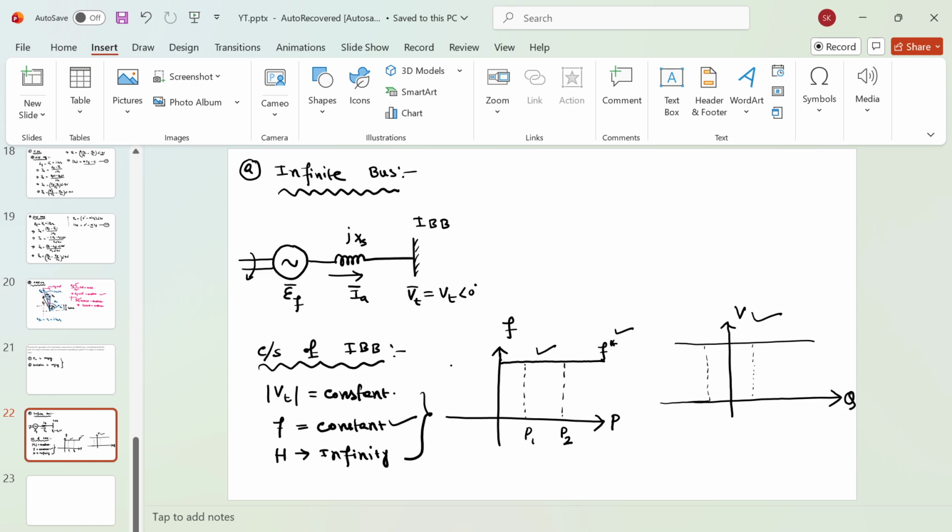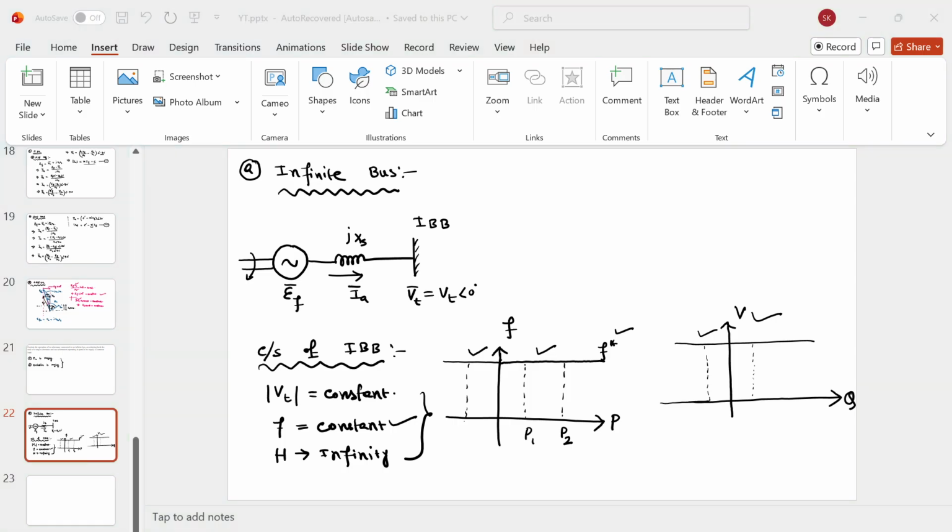Even if you are injecting some amount of reactive power to the bus, the frequency will be constant. And if you inject reactive power into the infinite bus bar, your voltage will be constant. So these are the characteristics of the infinite bus bar. This is basically an ideal condition.